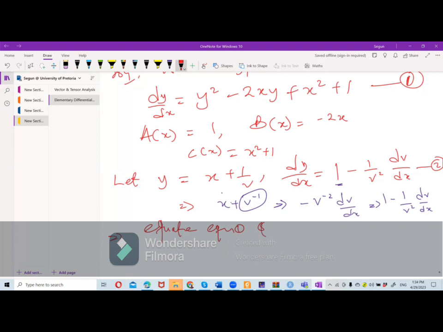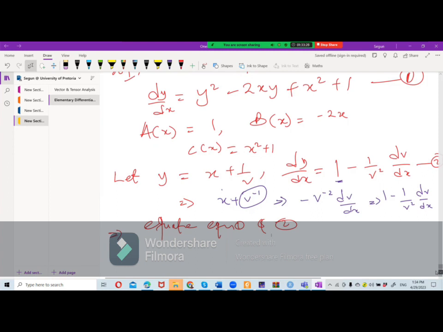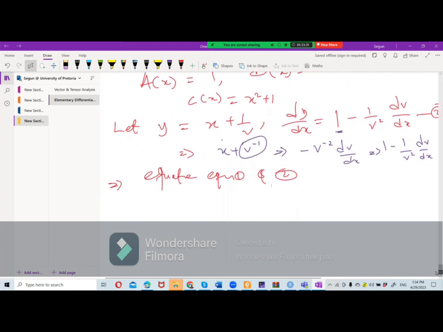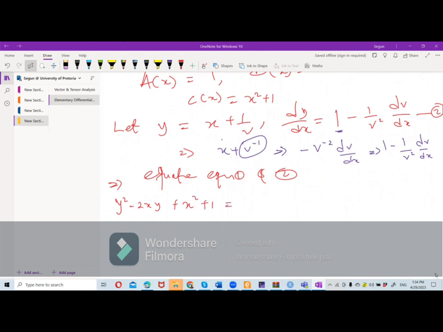Equate equation 1 and 2. It simply means that equation 1 says y squared minus 2xy plus x squared plus 1 equals to, equation 2 is 1 minus 1 over v squared dv dx, making equation 3.